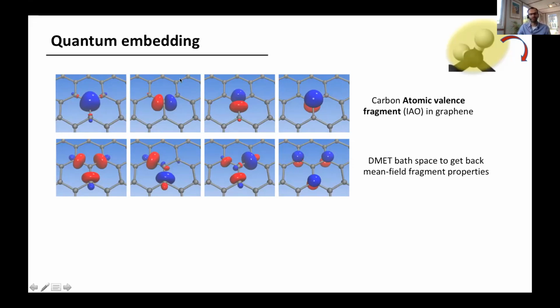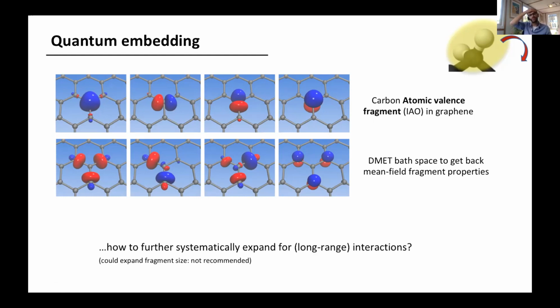Essentially, I can construct a Fock matrix in this active space and diagonalize it, and end up with something that looks like a conventional active space, with a correct zeroth-level description at the level of mean field theory over my fragment. So that's what we can do. That gets us an active space.